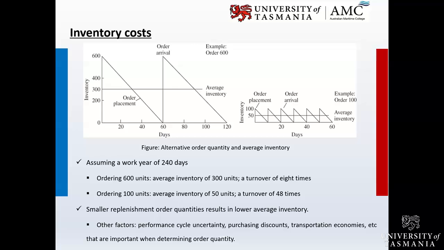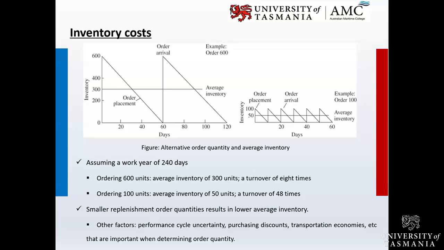Similarly, if the order size is small, for example 100 units, you can calculate the average inventory will be 50 units. So we look at the right figure. The minimum level is 0 and the maximum is 100. So the mean value is 50. So the average inventory will be 50 units. The turnover equals the total sales divided by average inventory.